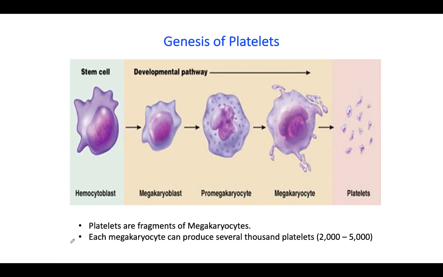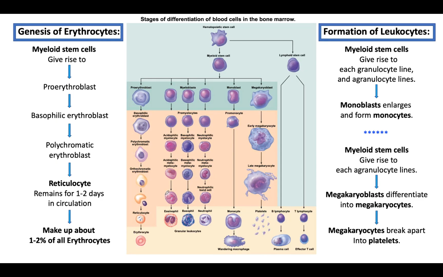Another example is genesis of a platelet. So stem cell, hemocytoblast or hematopoietic stem cell, divides to form megakaryoblast. So if you go back to this cell line, now we are in this line. Just before we saw red blood cell genesis, here's genesis of platelet.